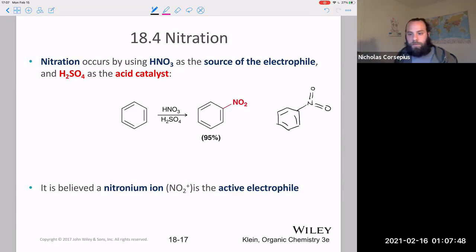It's a bit of a shorthand, but it's not correct, because if you notice here, the nitrogen has more than 8 electrons in its octet, which isn't allowed. Really, if you're being really good, you're going to draw these 2 resonance structures for your nitro group.